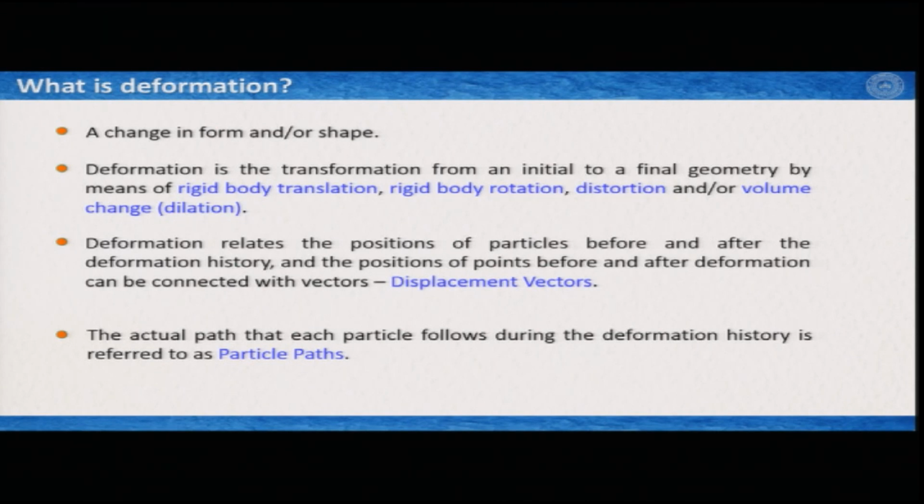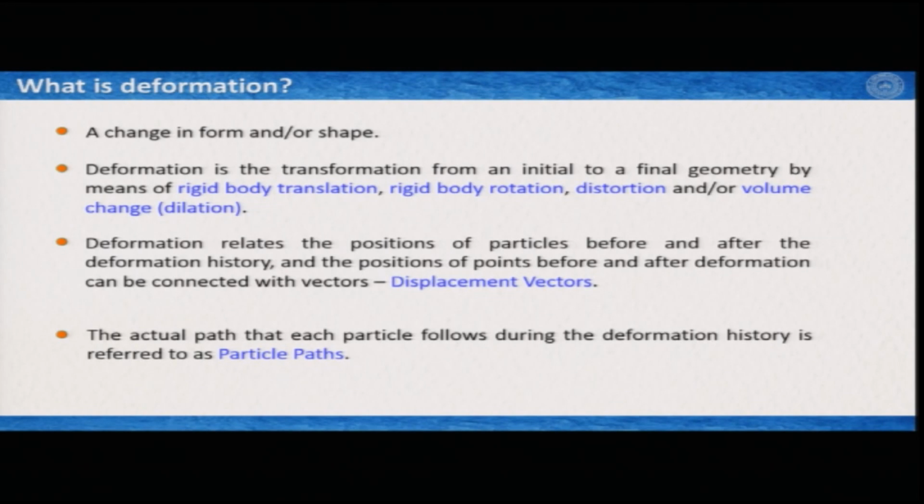Very similarly, from one point to another point, we can connect them by a vector, but the particle does not necessarily move from here to here following a vector. It may move in a different way, following a different path. So, the actual path that each particle followed during the deformation history is referred to as the particle path.